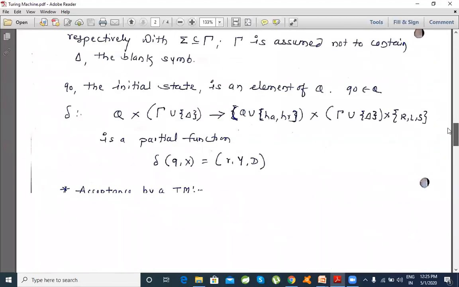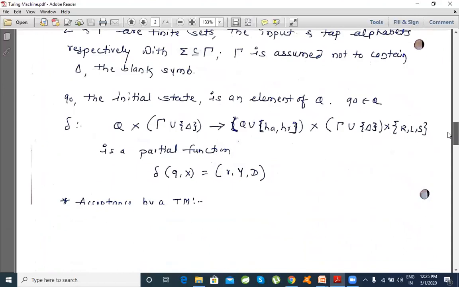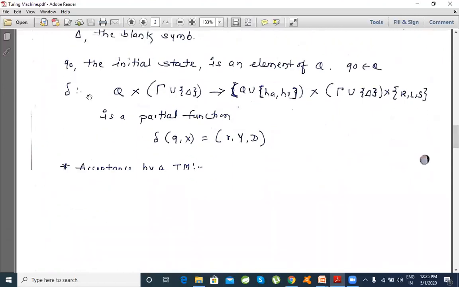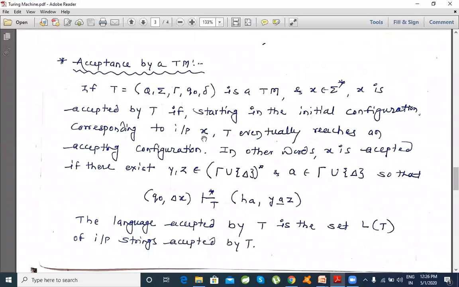I hope you understand the Turing machine definition with respect to that example, and how this delta transition looks and what it exactly means. We also saw what we mean by acceptance by a Turing machine.